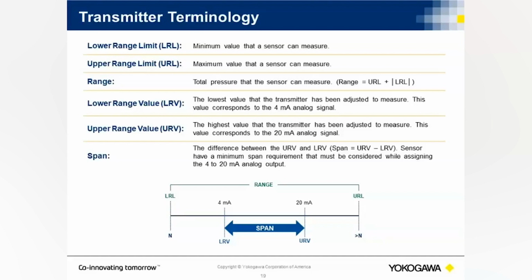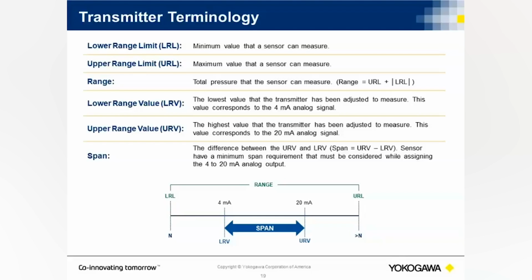Now, in addition to this, we also have the LRV and URV. And this is the actual range that the transmitter is scaled or trimmed to operate and measure around. Sometimes this could be the absolute extremes, but most of the time this is not the case. As seen in the diagram at the bottom, it is quite a bit less.